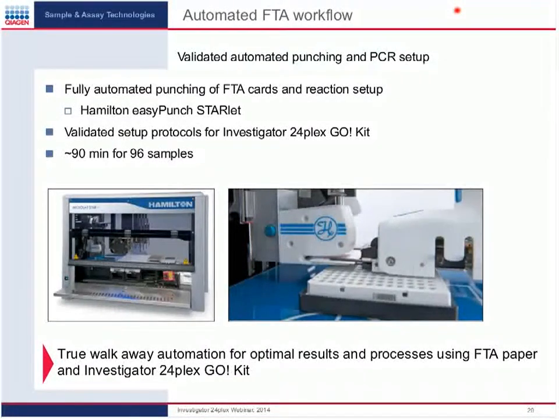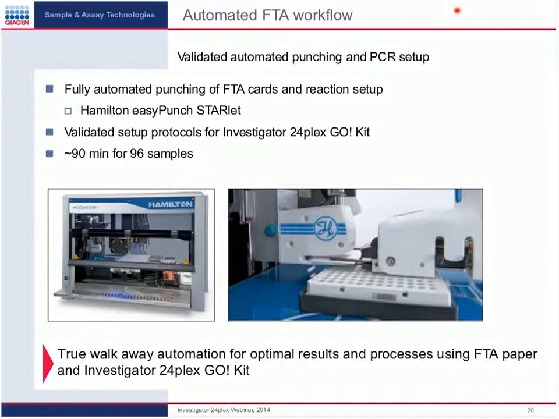We have a very tight hot start function, so if it takes 4 or 6 hours, it doesn't matter, because the hot start function is so tight that no primer dimer or unspecific reaction occurs, and you have a very clear profile.